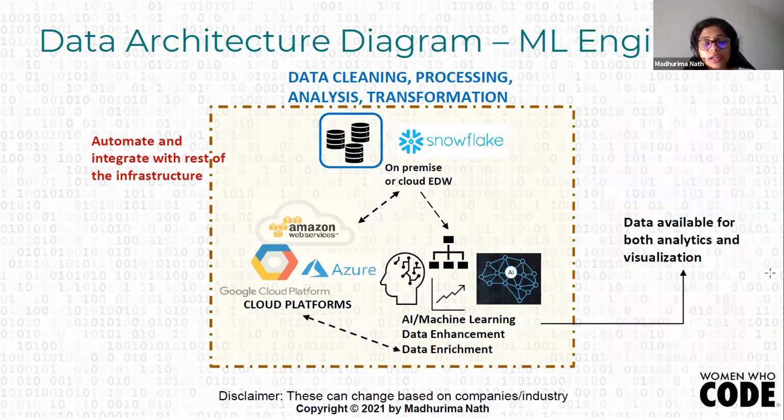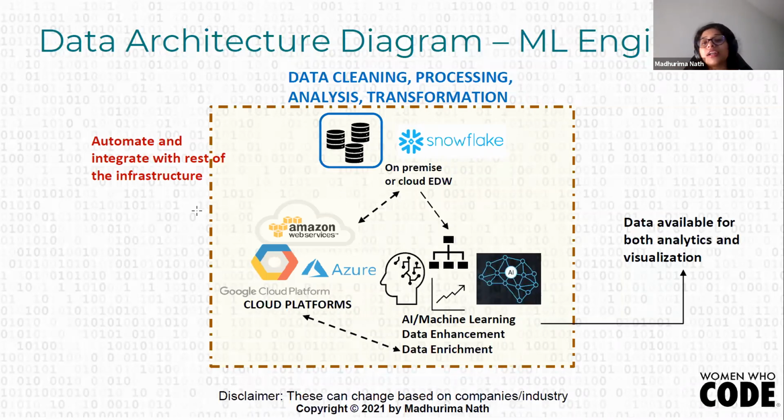And for a machine learning engineer, think of all the work the data scientist has done, but how do we integrate it with the bigger picture? A machine learning engineer's work is to automate this process, because as a data scientist, you can't be present 24 hours, 365 days looking after your models. That has to be automated in some process. That has to be integrated with the other workloads that are going on.